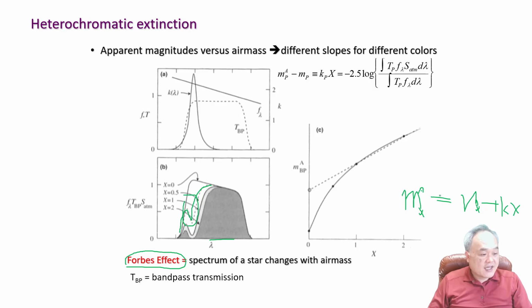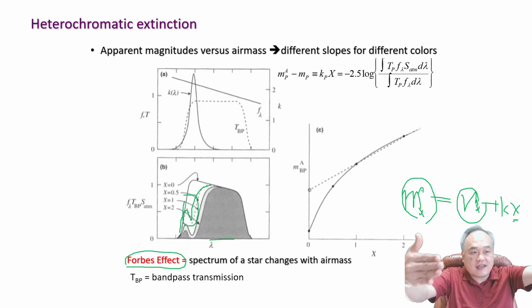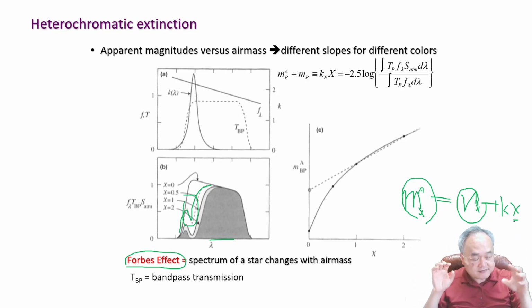So the source magnitude is stationary, but it is affected by the air mass, because the spectral shape of the source is changing as a function of air mass.